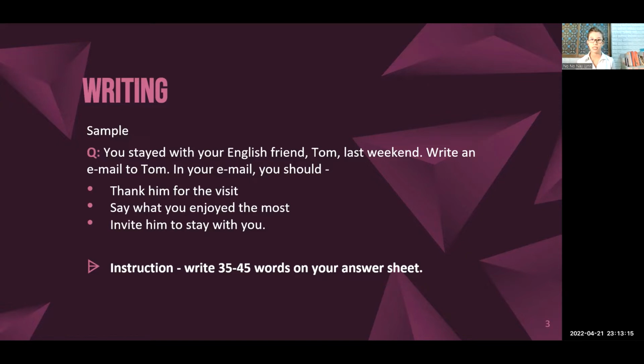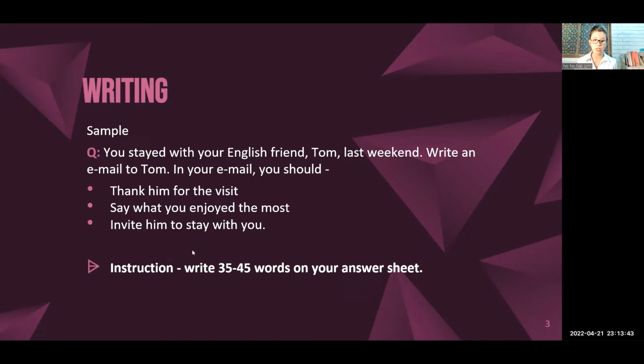It doesn't matter if you write notes or a draft on your question paper. But you can't write your main answer in your question paper, because it won't be included in what the teachers and the examiners are really going to work on. So only write the main answers on your answer sheet.